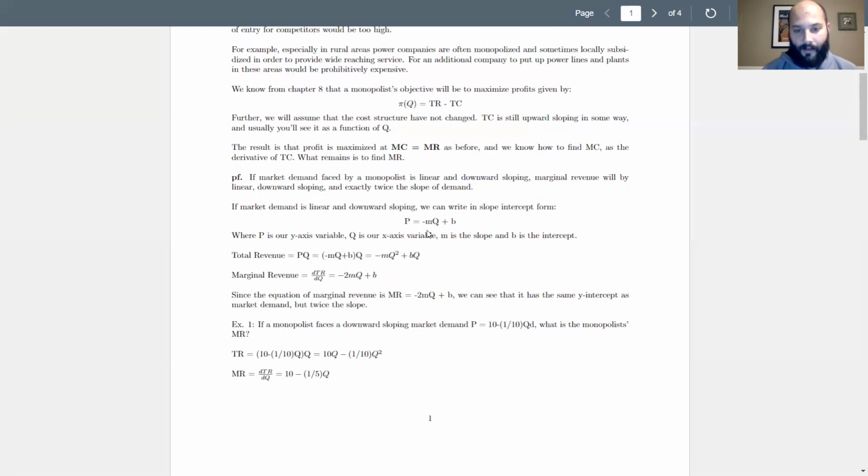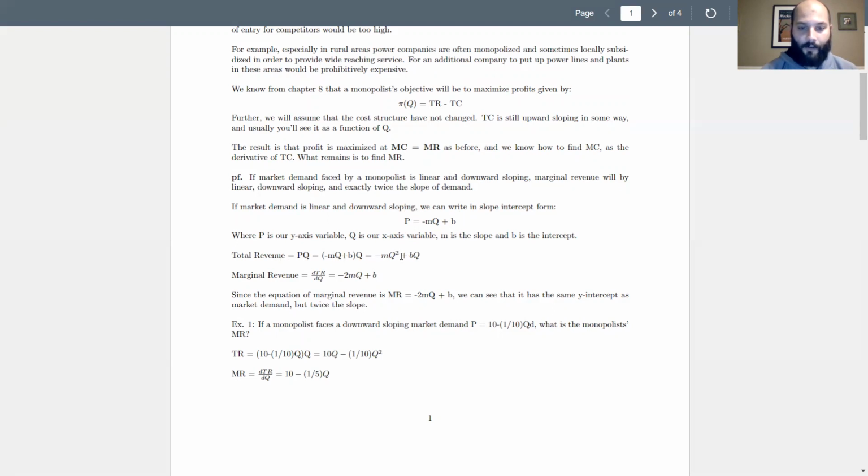And remember, the monopolist will face the entire market demand, since they're the only producer in the market. So the monopolist faces this entire market demand, and that differs from the perfect competitor. So we know that the market price is going to be a function of the quantity choice for the monopolist. Here is that price times quantity, giving us total revenue.